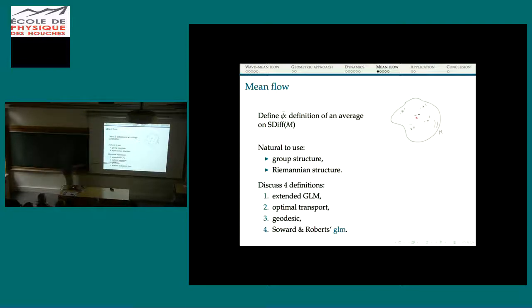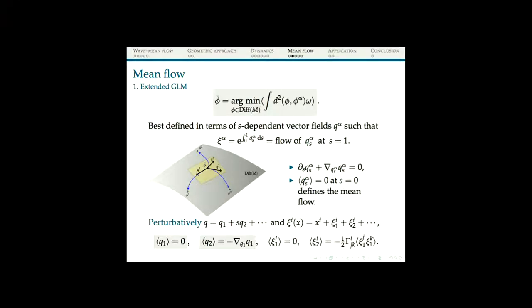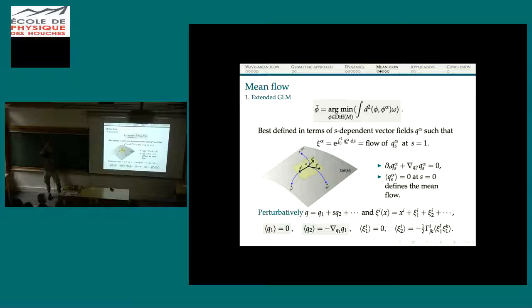Another is a slight variation which brings in optimal transport. The third is, in principle, the most beautiful, but it's a bit difficult. And the fourth is something very practical, due to Soward and Roberts, this little glm. Let me explain the 4 definitions. They all follow the same scheme, at least the first 3, which is to define a mean by some sort of minimization argument.